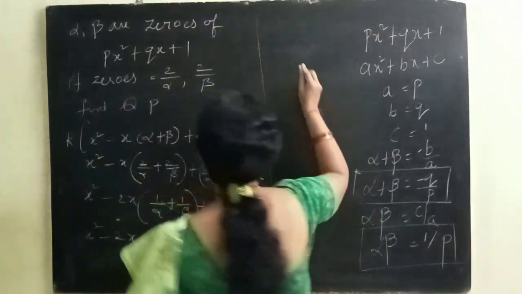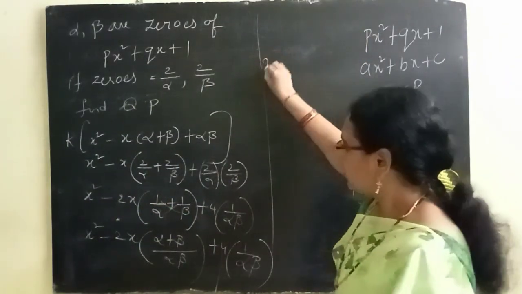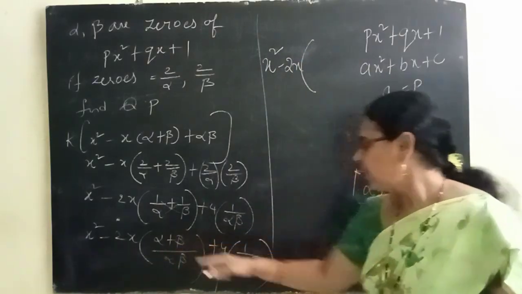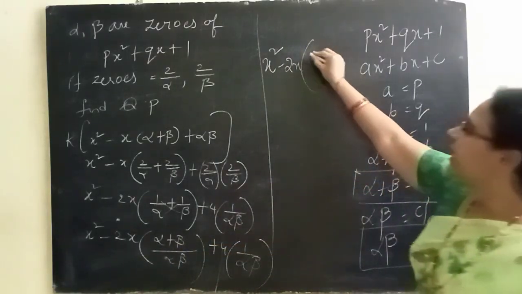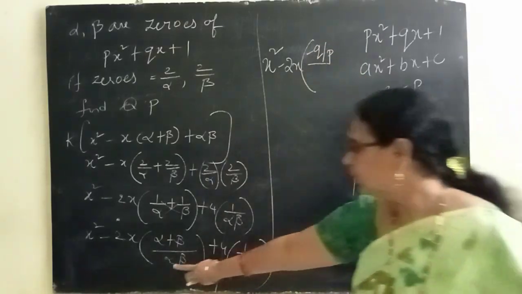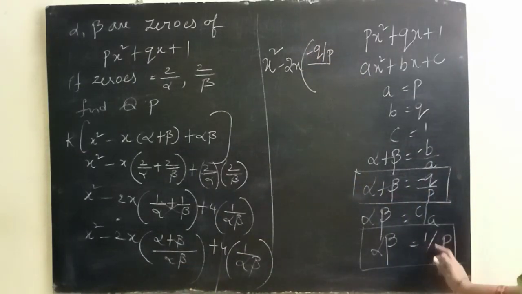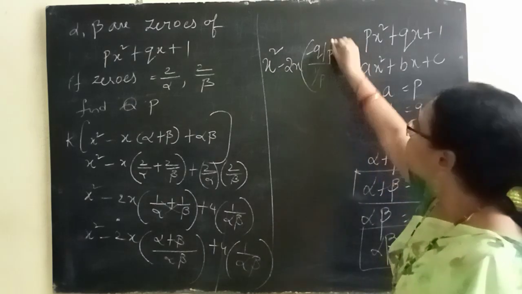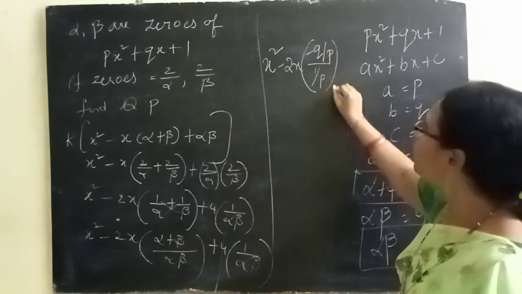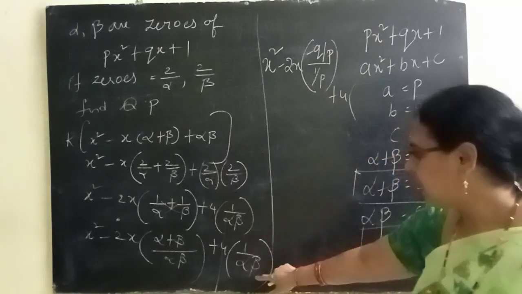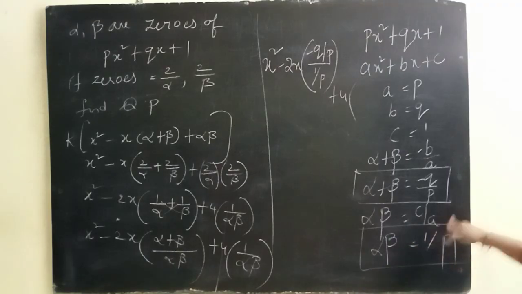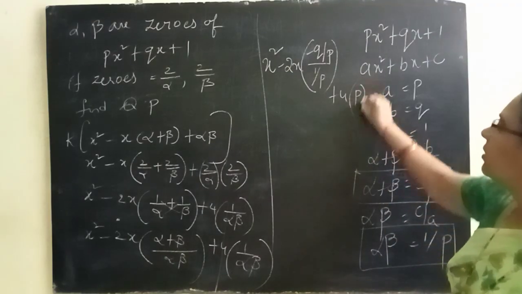Then x square minus 2x into alpha plus beta, which is minus q by p. Alpha into beta means 1 by p, plus 4 into 1 by alpha beta. Alpha beta is 1 by p. 1 by alpha beta means write the reciprocal.